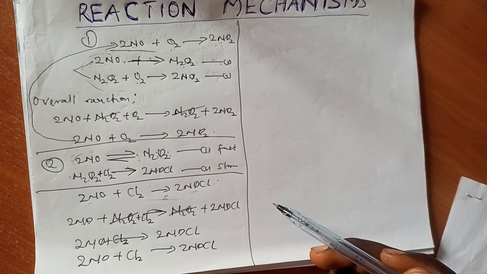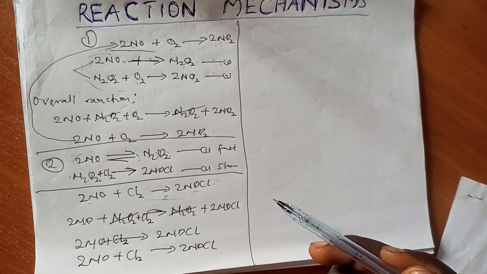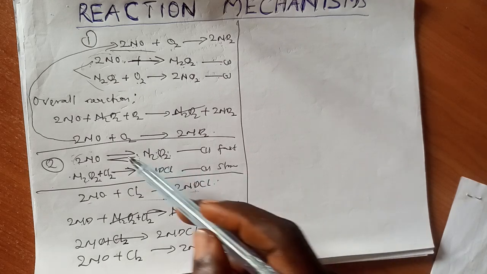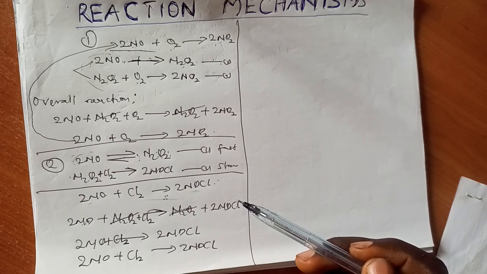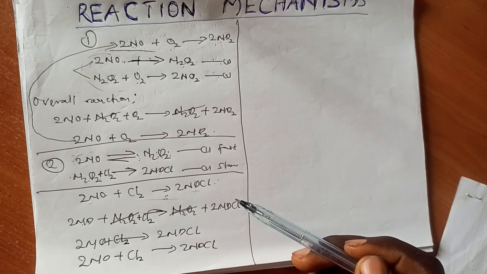I don't know whether you understand, but in most questions, it is usually not given as fast or slow, or rather, the reversible reaction will not be indicated. And when fast or slow is not indicated in the elementary step, then you can make the fast one a reversible reaction.